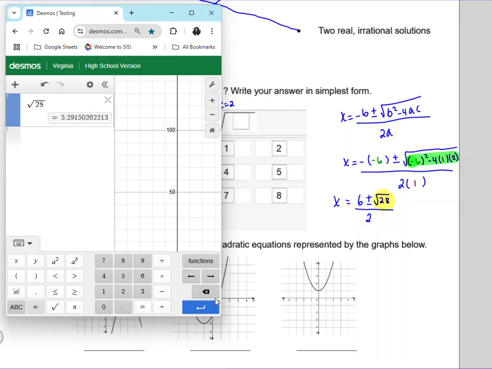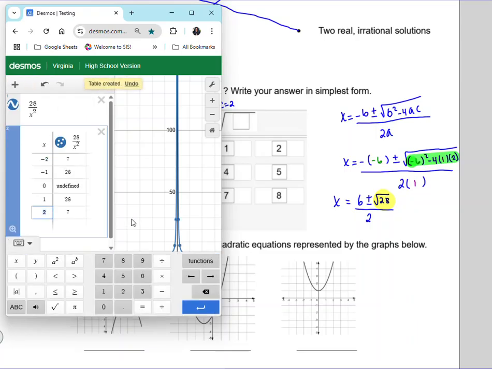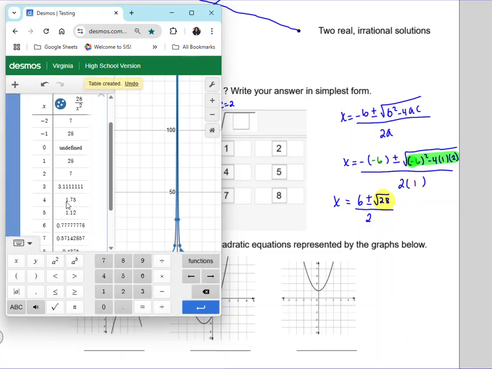So backtrack. To simplify, I'm going to put 28 divided by x squared. If it's a square root, you put x squared. Turn it into a table, click on the last number, enter, enter, enter, and then there you go. It simplifies down to 2 square root of 7, okay?